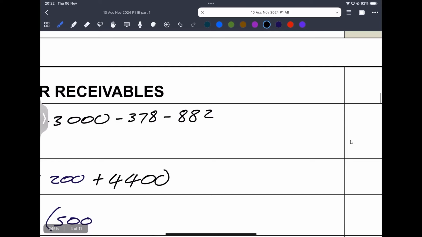But these will be at cost price because we are given the selling price. I'm going to say my cost price will be that 2,940. You multiply it by 100 and then you divide it by 100 plus the markup. And according to this, the markup was given to us as how much? Oh, it's 50%.